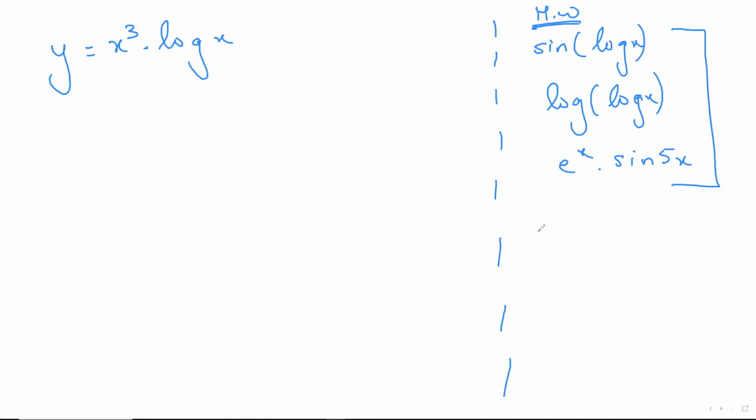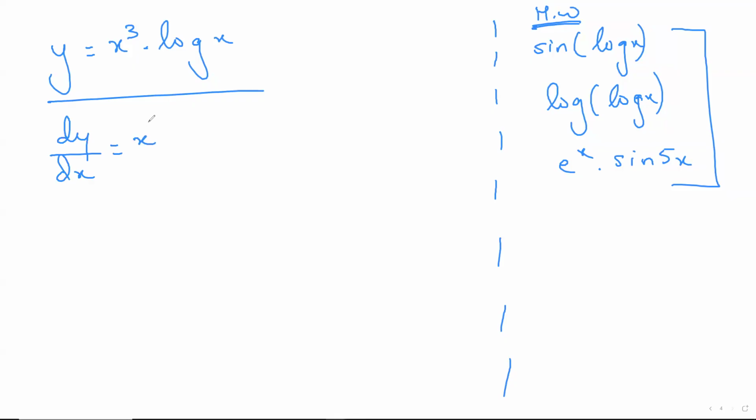Correct? Next, now, if y equals x cube dot log x, you will write the statement. So the answer becomes dy by dx equals. How do you solve? Obviously, product rule.